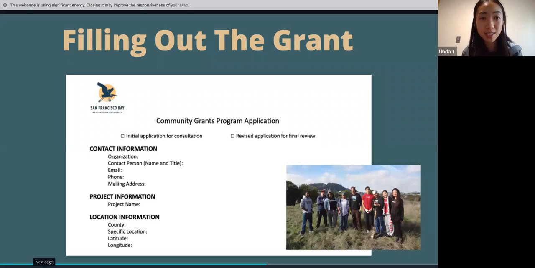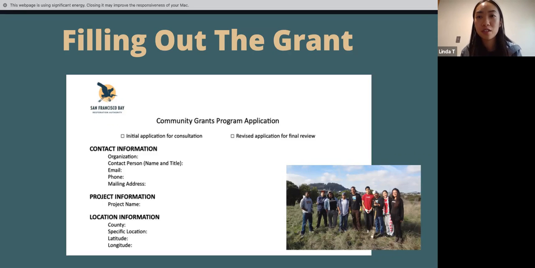You'll notice it says organization under contact information. For many government grants, we can't give money just to an individual. You'd have to be associated with, say, a nonprofit, or if you're a group just starting off, you could have a fiscal sponsor that is a nonprofit with 501(c)(3) legal standing.